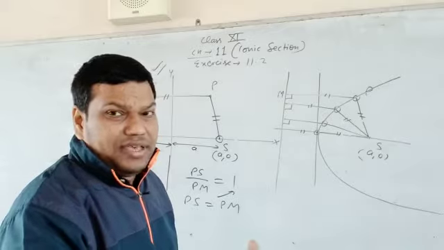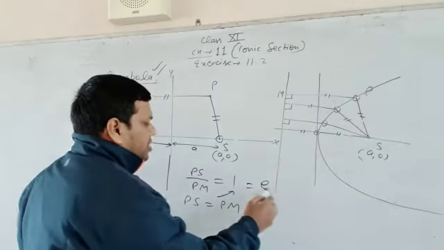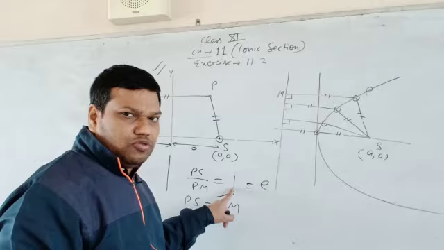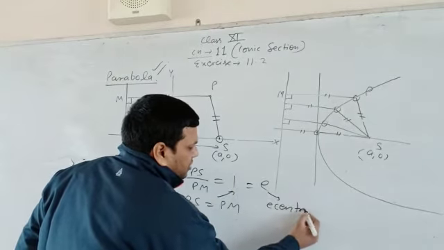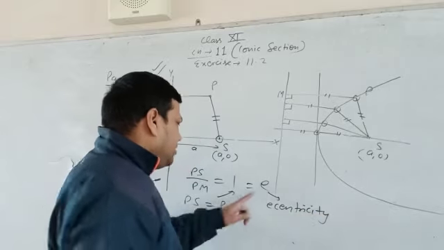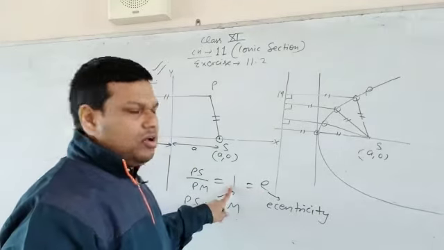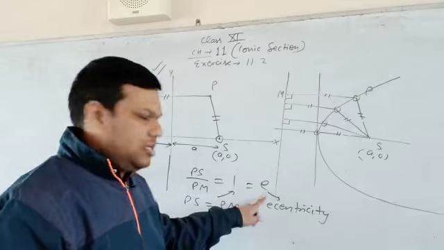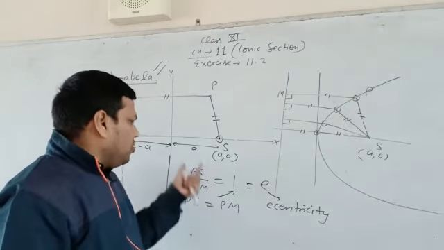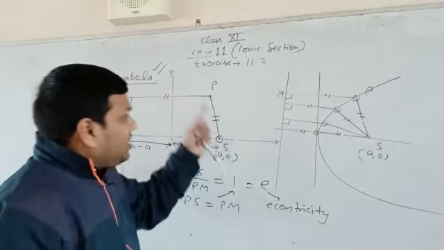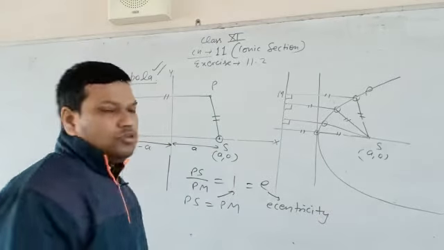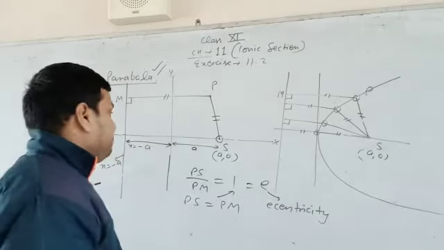In the next topics, we will find that this ratio is e, the eccentricity. Here e is equal to 1, so we are not talking about eccentricity in detail, but the ratio is called the eccentricity. If it is 1, that is a parabola. Now you have got the idea about the parabola.